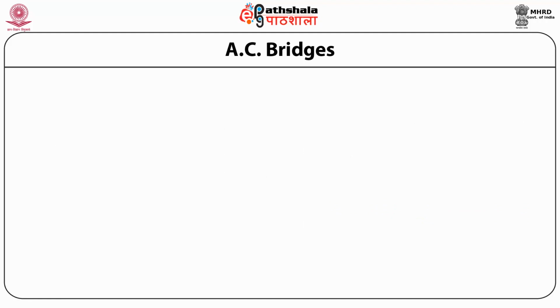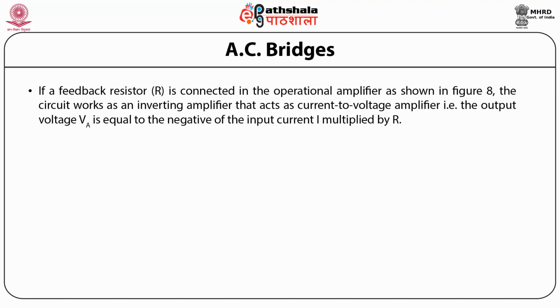In another network, let us say a feedback resistor R is connected to the operational amplifier as shown in the figure below. In this case, the circuit works as an inverting amplifier that acts as a current to voltage amplifier.